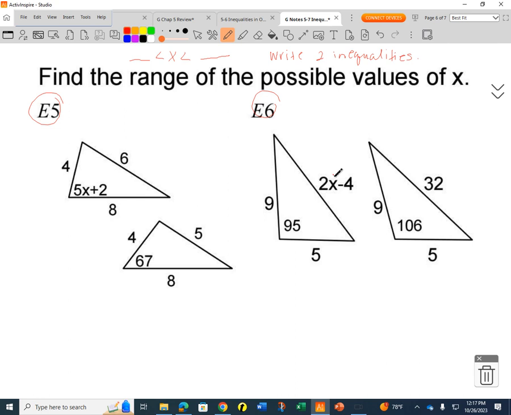So for example 5, we wanted to find the possible ranges of x here. So we know we're going to have a final answer where we fill in these 2 blanks.